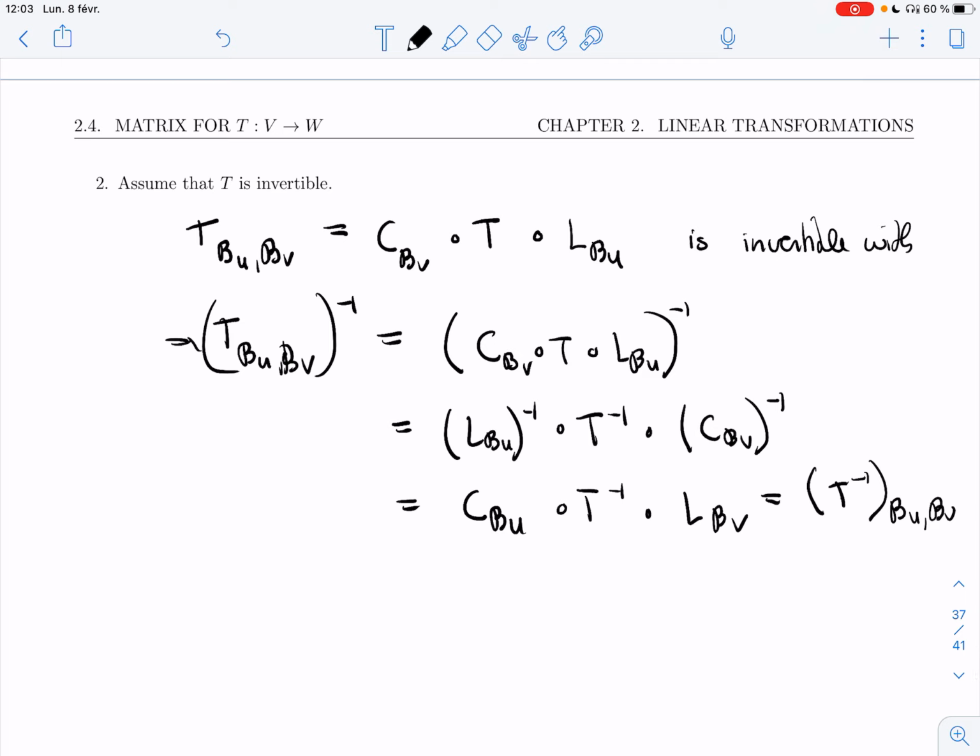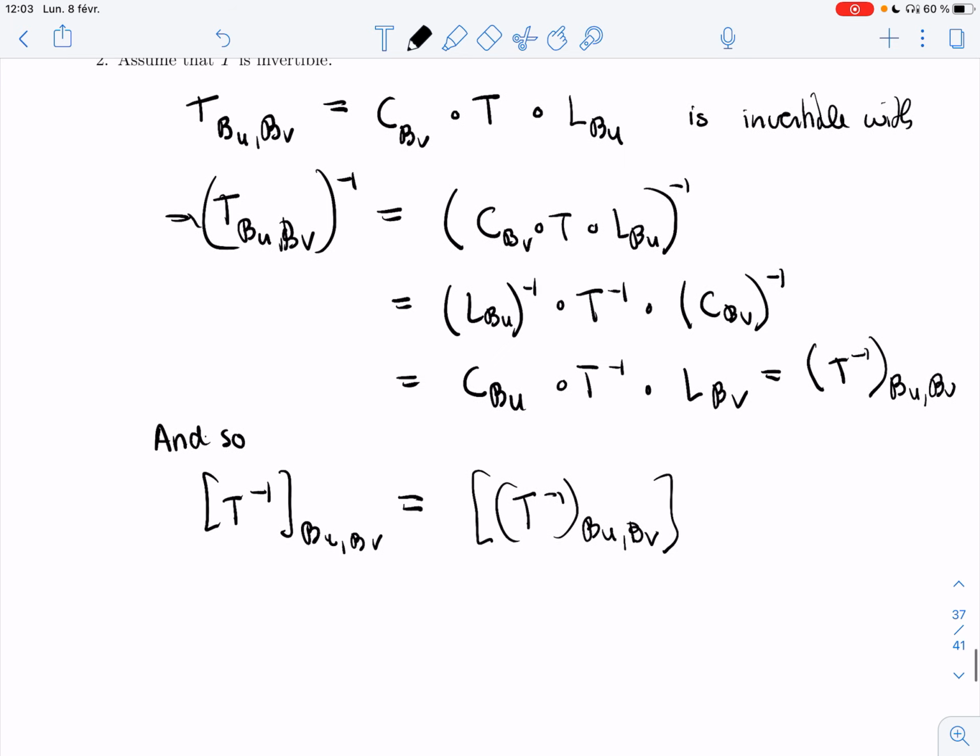And so if T is invertible, we just proved that if I look at the matrix, then that's going to be the matrix of this Euclidean map. But that Euclidean map is the same as this one, and then we land on an inverse of a Euclidean map, which we've already handled in that proposition.